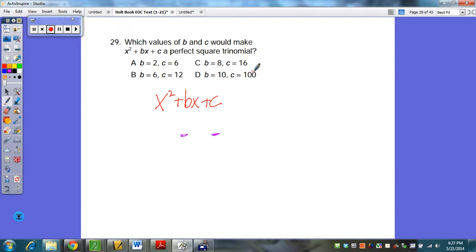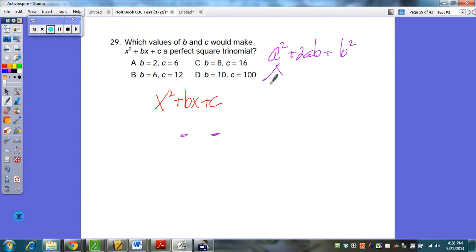Okay? A perfect square is, we have, let's see, a squared plus 2ab plus b squared.